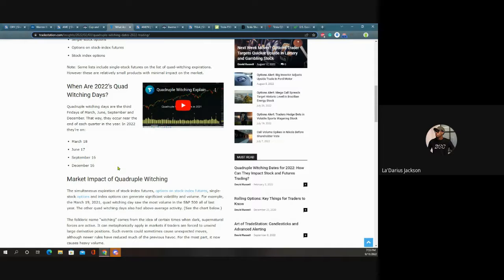So quad witching is something I think I mentioned maybe a month or two ago to keep your eye on. Something good though about quad witching is that the week of quad witching normally is bullish, and then the last day of the week is the day that you have to keep an eye out on.